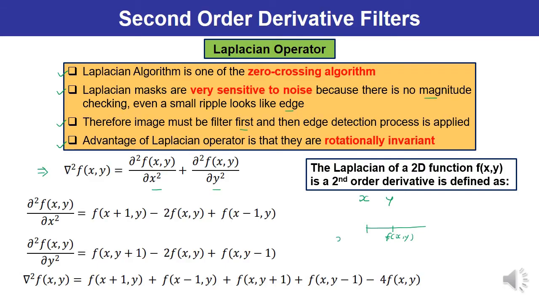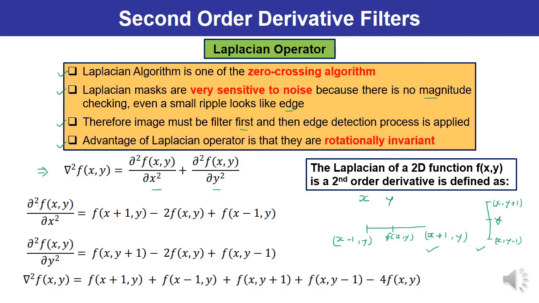This one is x minus 1 comma y, and the right one is x plus 1 comma y. This is how you can write it for the x-axis. And when you write along the y-axis, the center one will be y, the upward one will be x comma y plus 1, and the downward pixel will be x comma y minus 1.